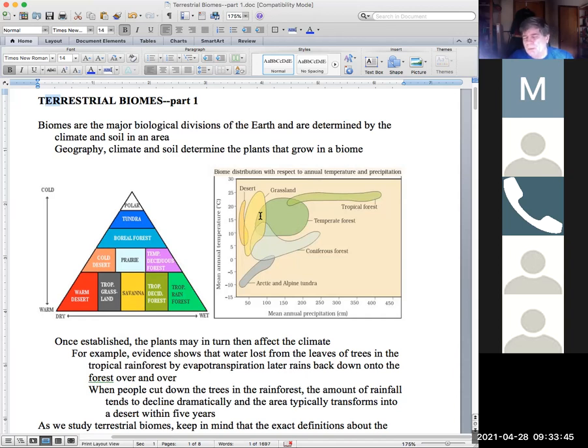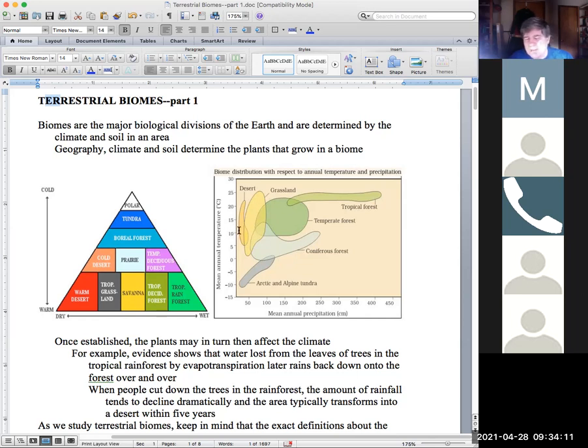Well, remember what we said about geography. Temperature and precipitation aren't the only two factors that affect a biome. So we want to keep that in mind. Now, the other thing to notice is this graph on the right only shows really 6 biomes. And it would definitely get confusing if we had all the other biomes on here.